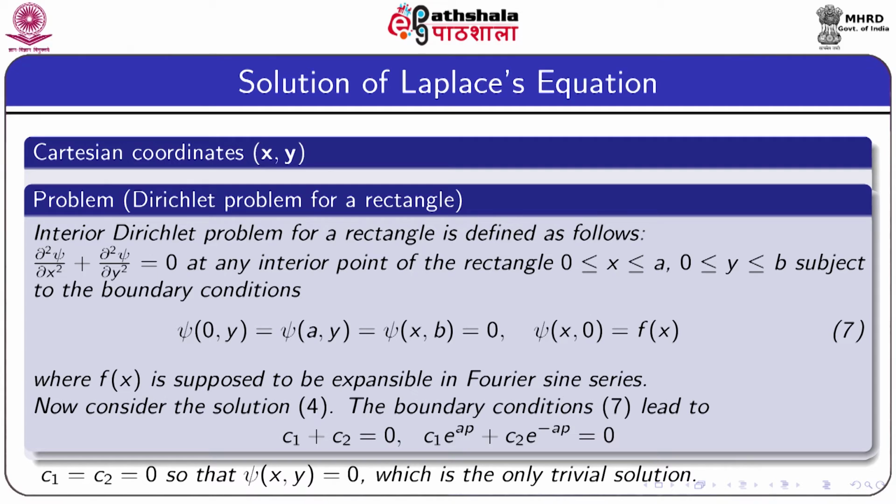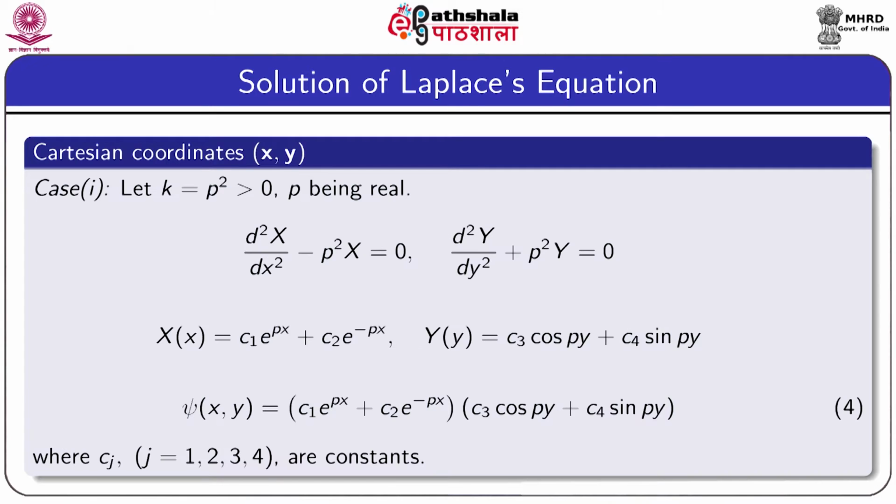Now, if we consider boundary condition 7, if we use the first boundary conditions psi(0, y) equals 0 and psi(a, y) equals 0, then the solution 4 gives, we have to put x equals 0 and x equals a.